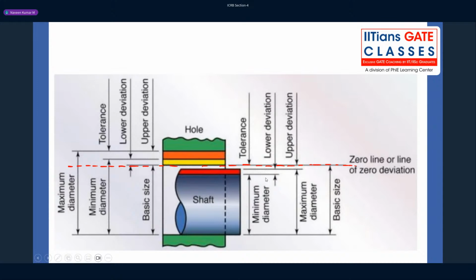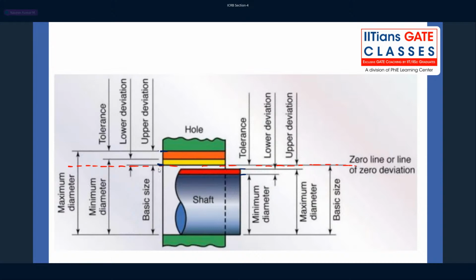So this is the lower limit of shaft, and this is the upper limit of shaft. Maybe it is not visible, let me take some other color. Yeah, this is the lower limit of shaft. This is the upper limit of shaft. This is the lower limit of hole, upper limit of hole.